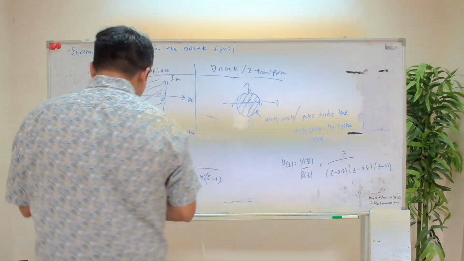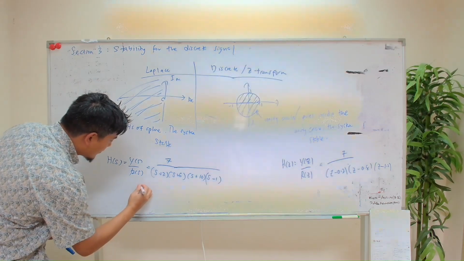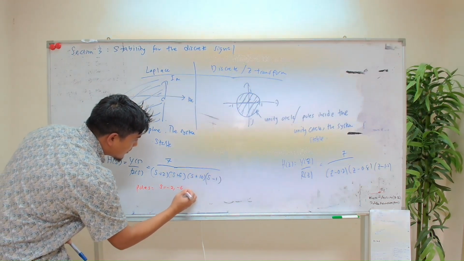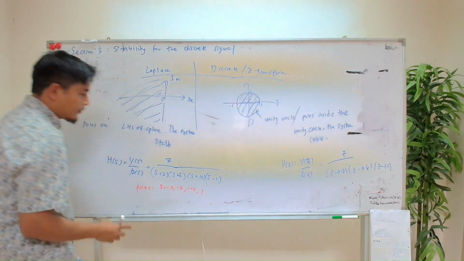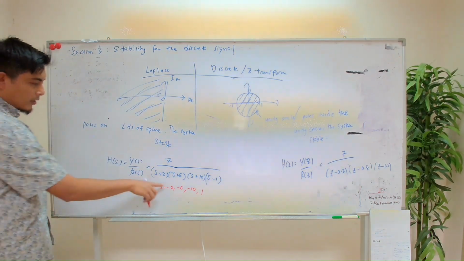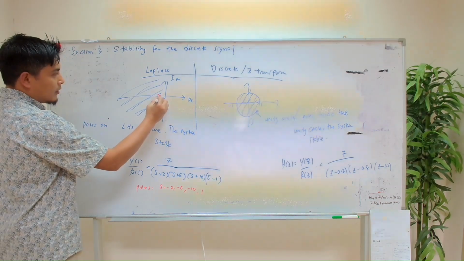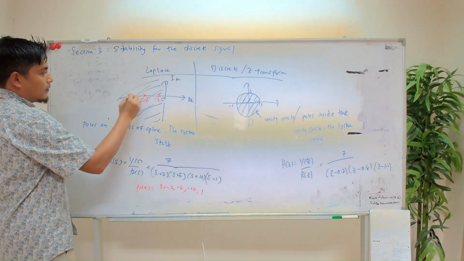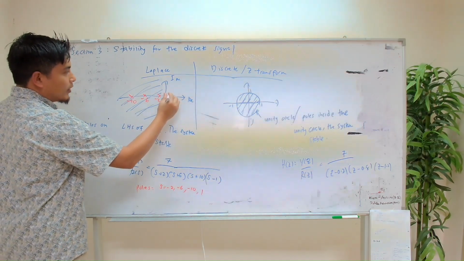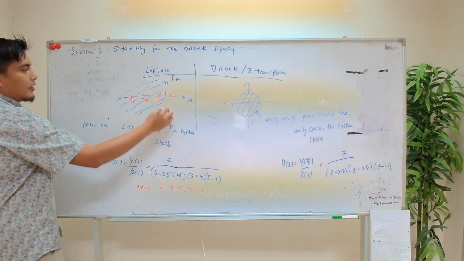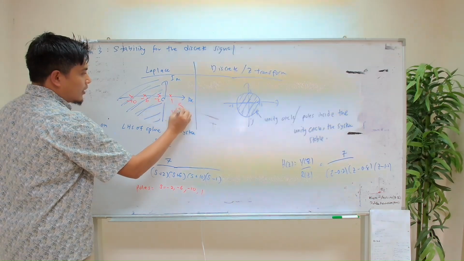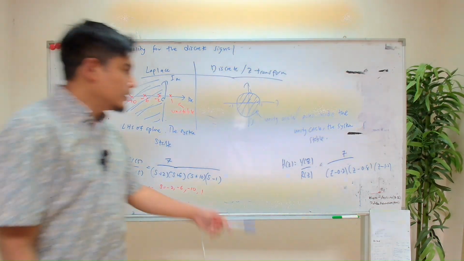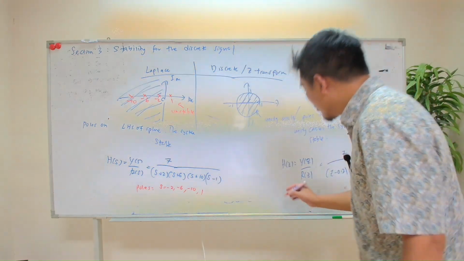In here we find the poles again. The poles are at -2, -6, -10 and 1. So we try to plug in -2 here, -6 here, -10 here, 1. So you can see that this is unstable.